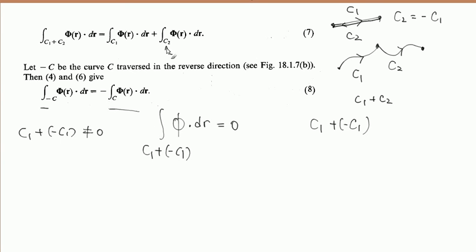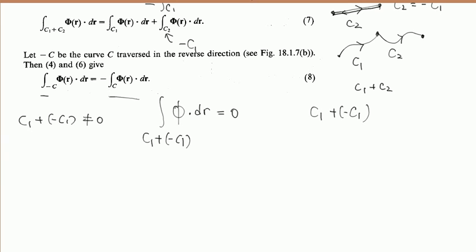If C2 is negative C1, then this whole thing is the same as the negative of C1's integral, so the two cancel, becoming 0. So if you integrate, you have an idea of how they simplify, but this expression itself does not simplify. All right? Good? Line integral.